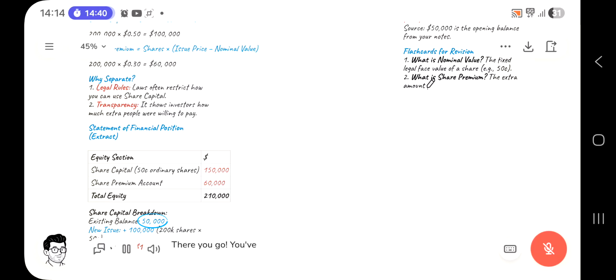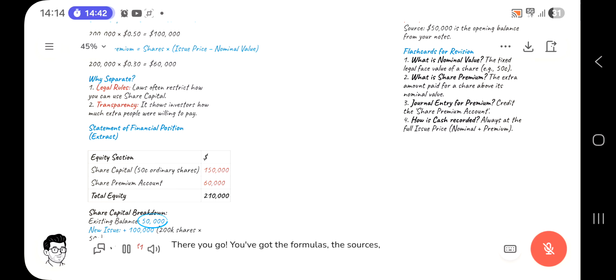You've got the formulas, the sources, and the summary. Feeling like a pro at share premiums now? Not always. You only use the share premium account if the shares are sold for more than their nominal value.